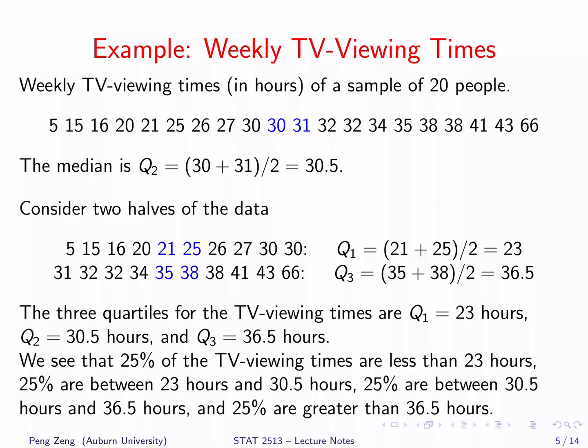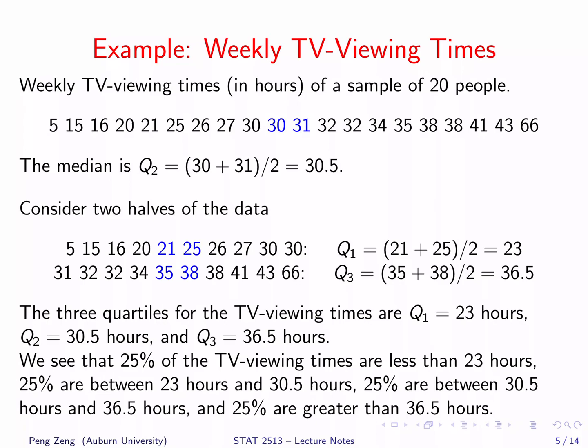It is 23. So the first quartile is 23. For the top half, the median is the average of 35 and 38. It is 36.5. So the third quartile is 36.5.